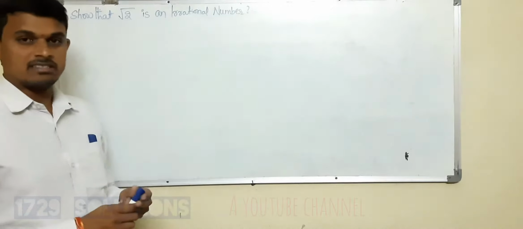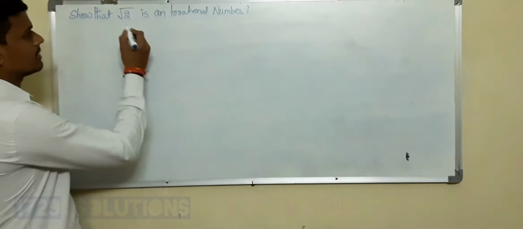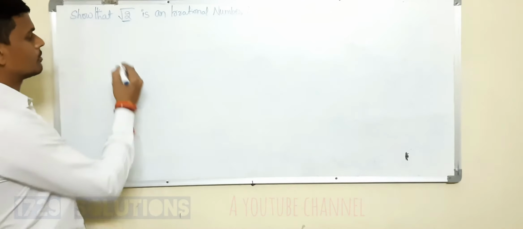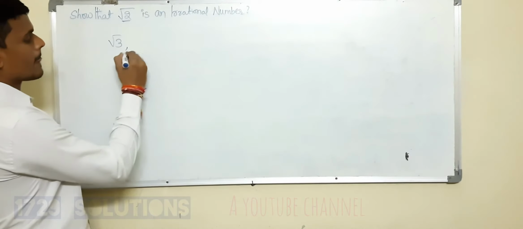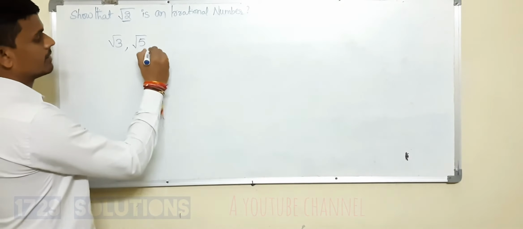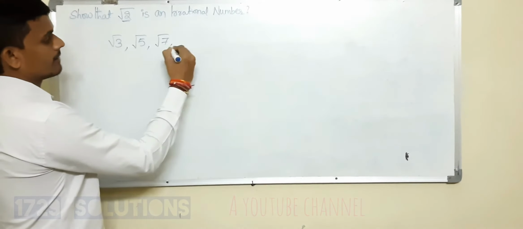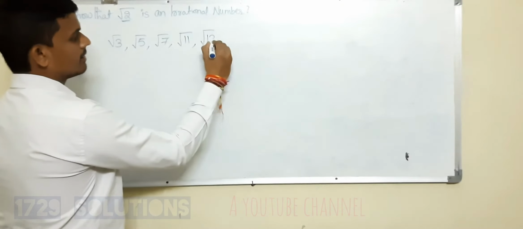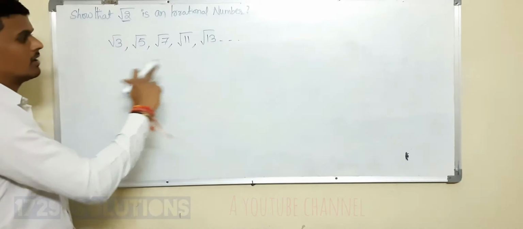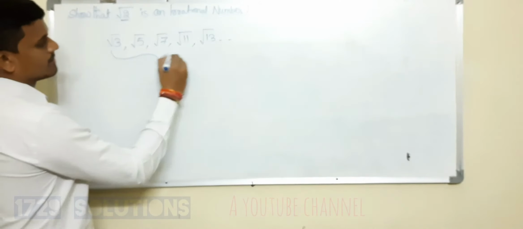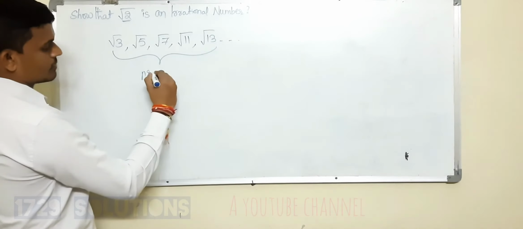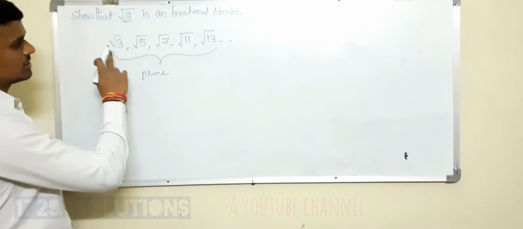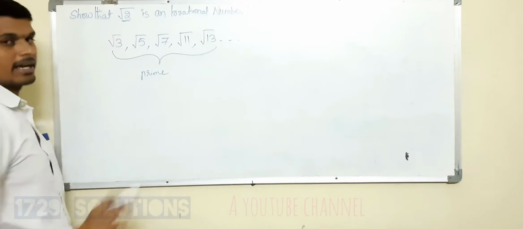With the help of this theorem, with the help of this answer of root 2, we can also prove root 3, root 5, root 7, root 11, root 13, like this. Can you identify them all? They are all prime numbers, the square root of prime numbers. We can show all these proofs the same way as root 2.